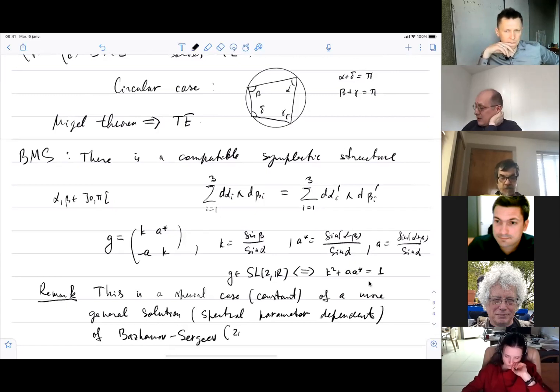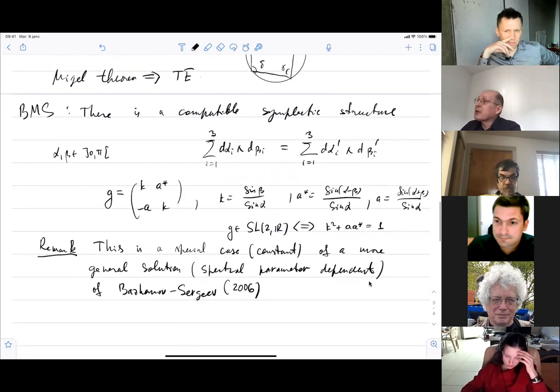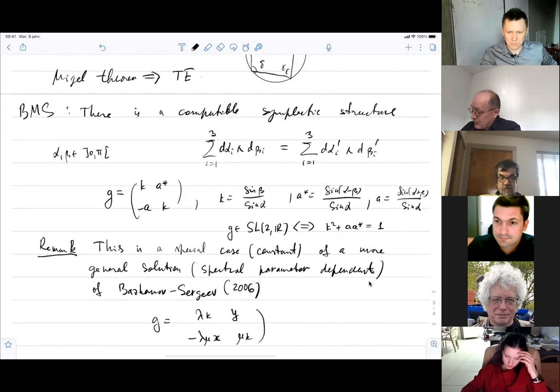And I think it is 2006. And the form of the solution is like this: G equal lambda k y minus lambda mu x and mu k. And again, k squared is equal 1 minus xy.